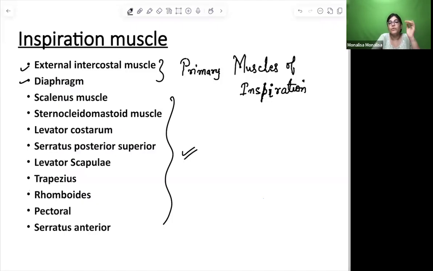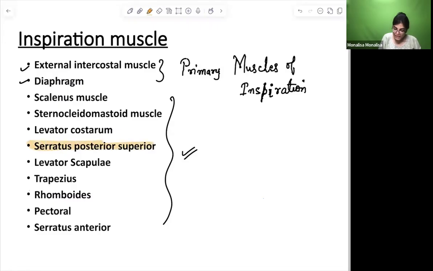I want everybody to note down the names, and you should learn the names of these muscles by heart. Why, I will tell you. We have a few muscles in the neck: sternocleidomastoid, scalenus group of muscles, levator costarum, serratus posterior superior. This has been asked a number of times.